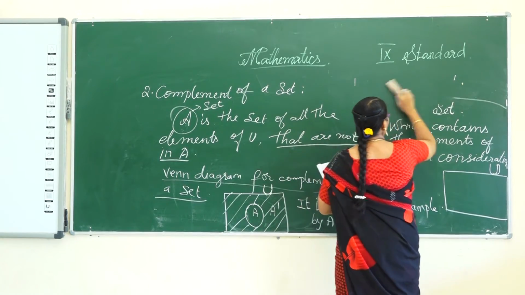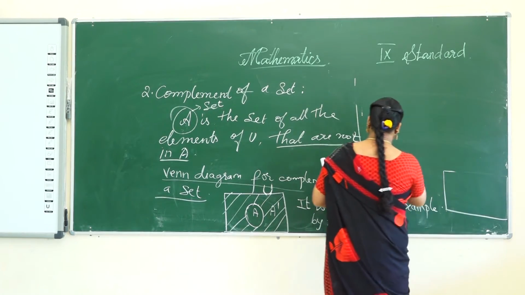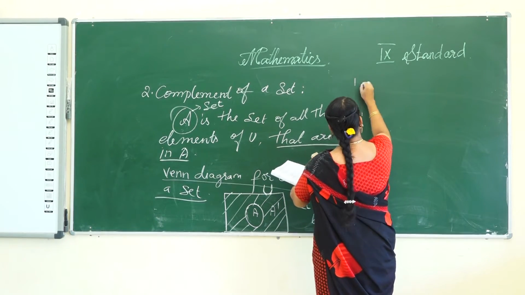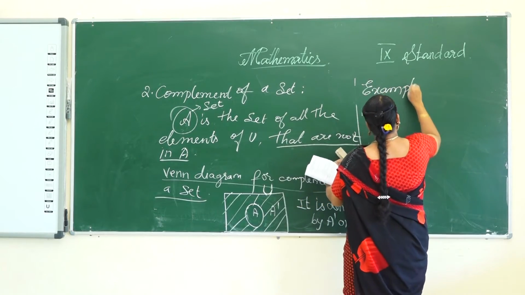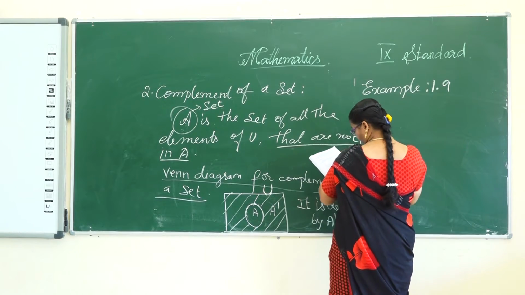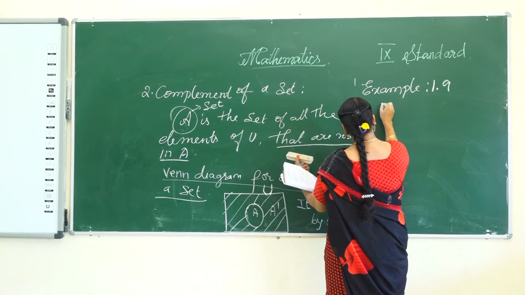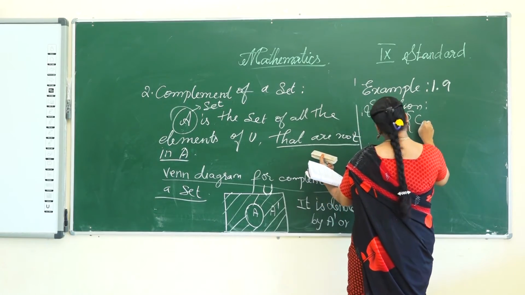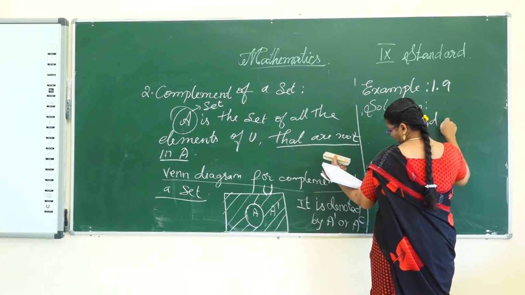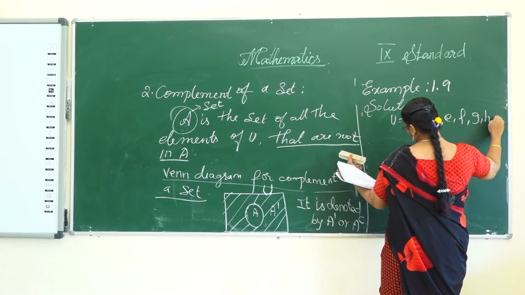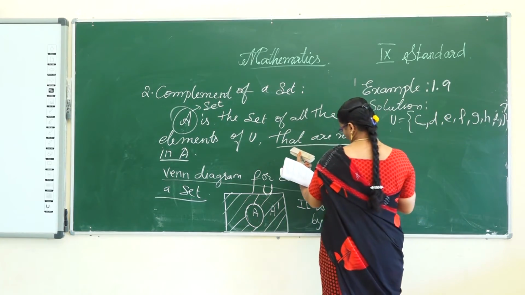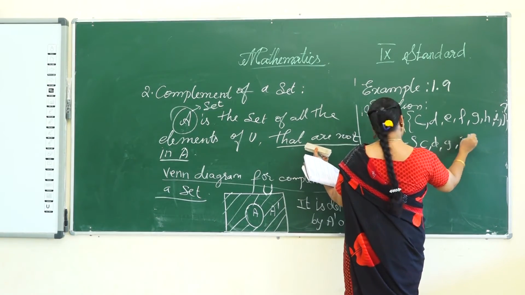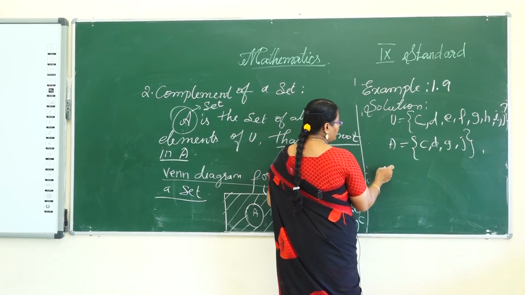For example, example 1.9. If U is the universal set containing the elements C, D, E, F, G, H, I, J and the set A contains the elements C, D, G, J, find A dash.